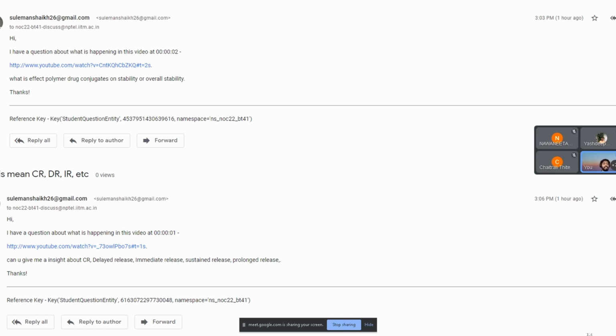And sustained release, these terms are used a little interchangeably. Sustained release or prolonged release is basically where you have a very long course of time during which the drug is released. These can be achieved by using different types of polymers, like PLGA, for example, which is FDA approved and commonly used for these drug release platforms.